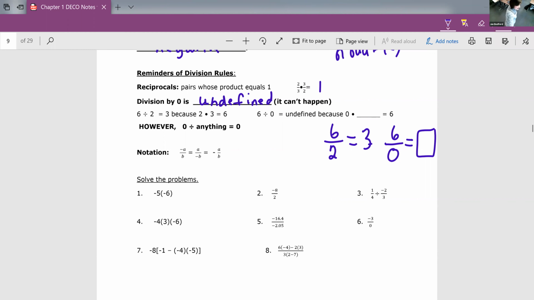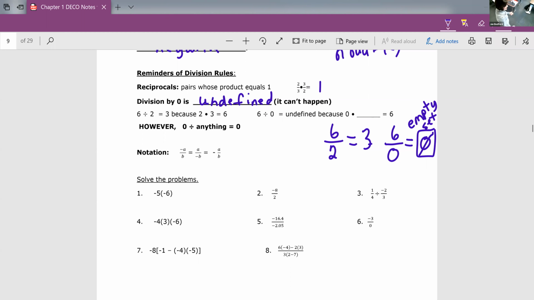That's why it is undefined, or you might say the empty set. That looks like a 0 with a slash through it. Make sure you don't ever write that when you mean the number 0. That means empty set or undefined. But that's why division by 0 isn't possible, because if I divide by 0, there's no number I could multiply by 0 to get what's in the numerator.